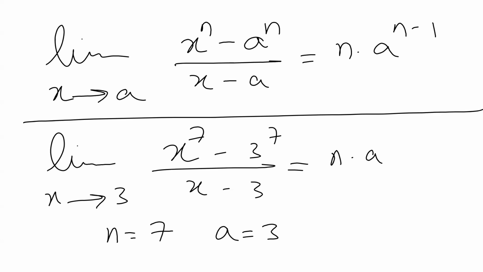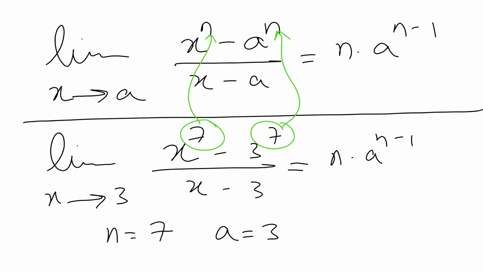So n into a raised to n minus 1. Now we can apply the formula provided there is no power for the terms in the denominator. In the denominator there shouldn't be any power. So x minus 3, x does not have any power, 3 does not have any power. But in the numerator, the power should be the same.